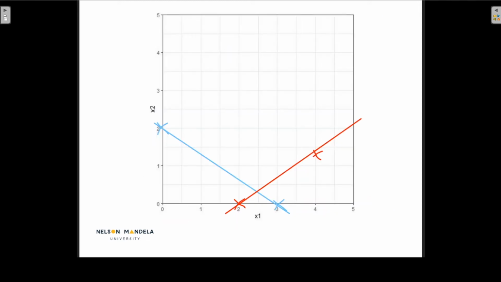This blue one was the function 2x1 plus 3x2 equal to 6. But now we want to work with the inequality less than or equal to 6. I'm going to take out this red one here. We are now working only with the blue plot.